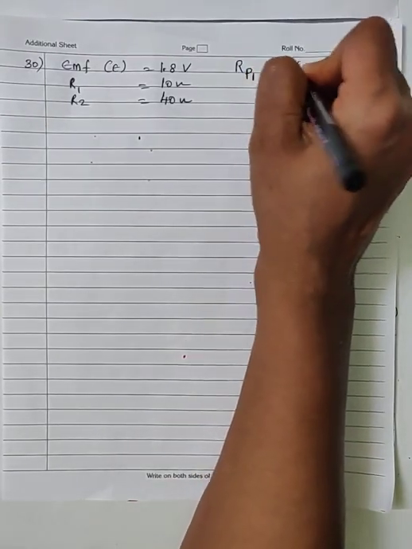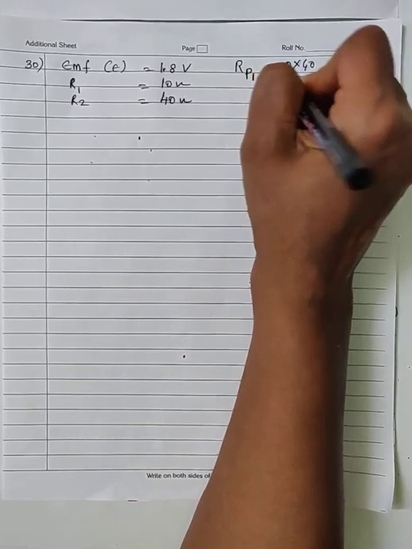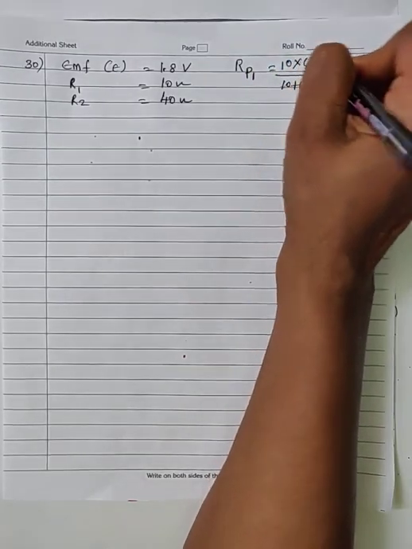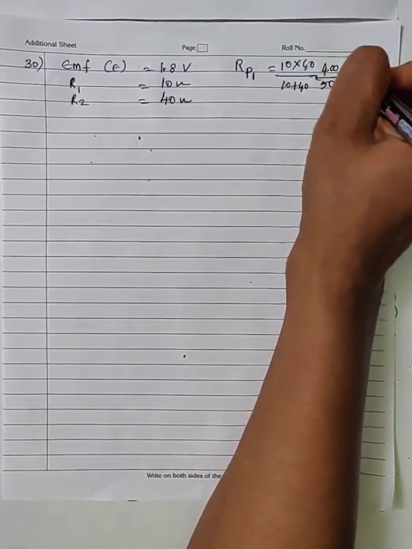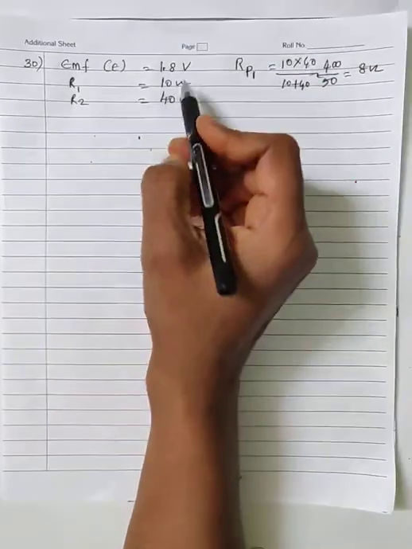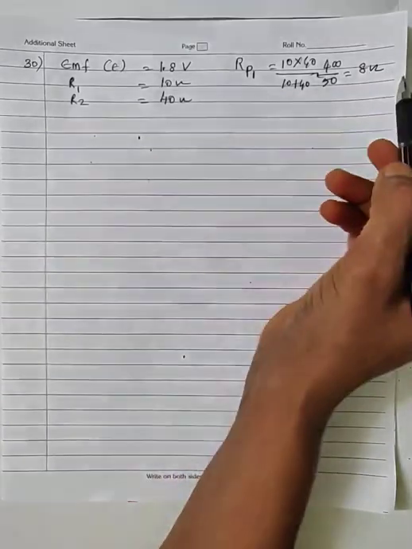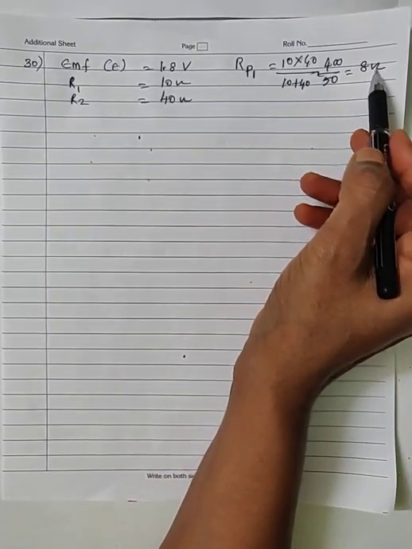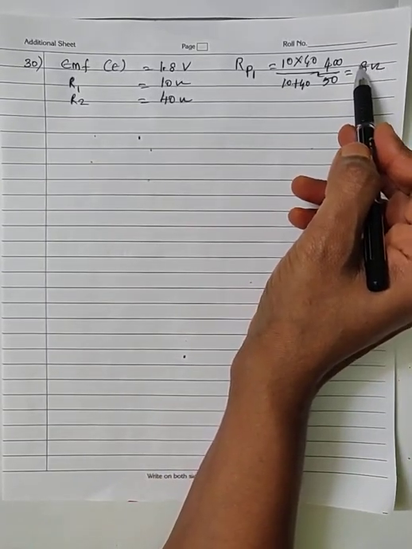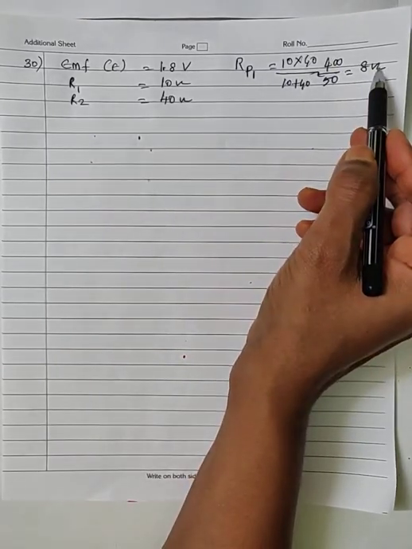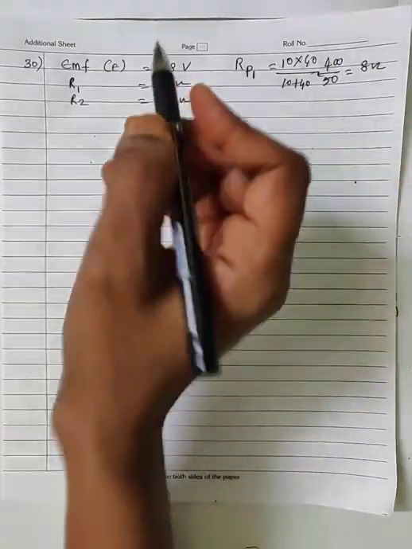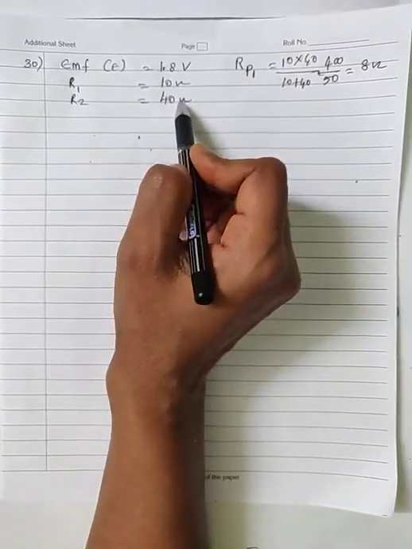If I substitute, 10 into 40 by 10 plus 40, which is equal to 400 by 50, which is equal to 8 ohm. So these two resistors can be replaced by a single resistor of value 8 ohm. Okay. Because R1 and R2 are connected in parallel.